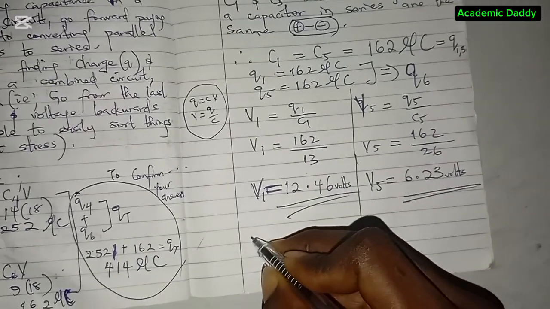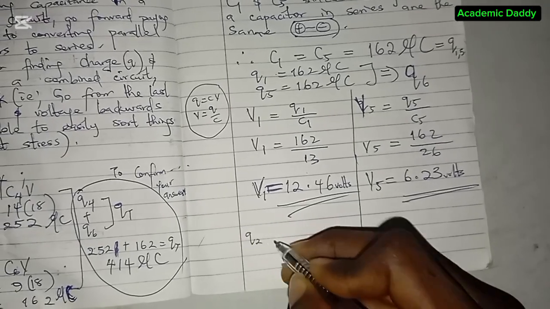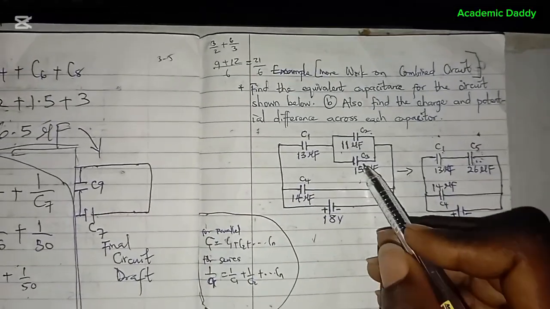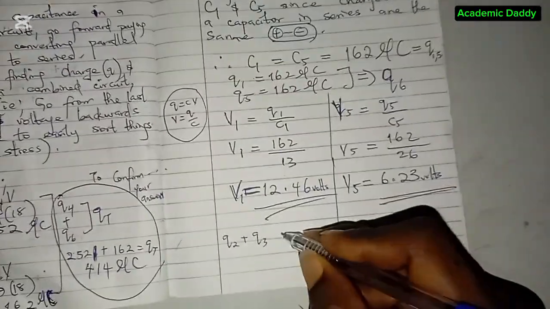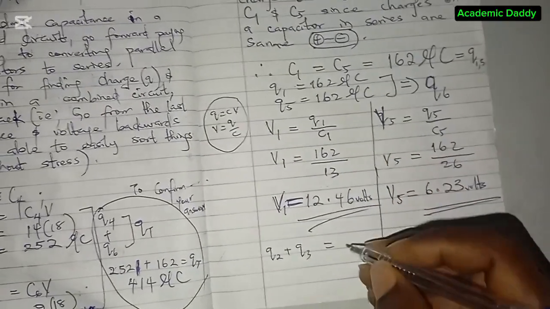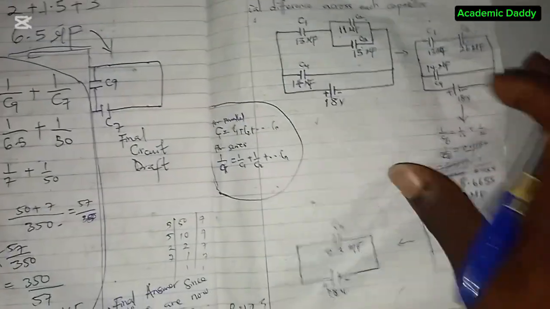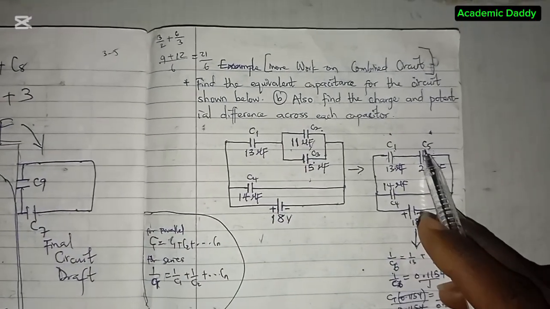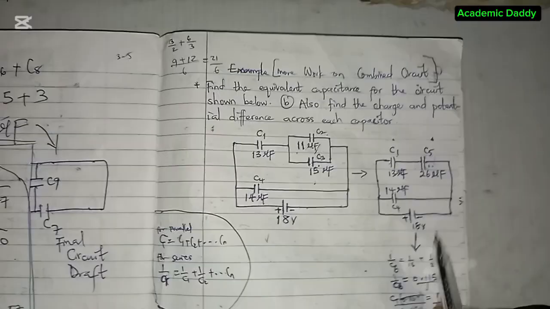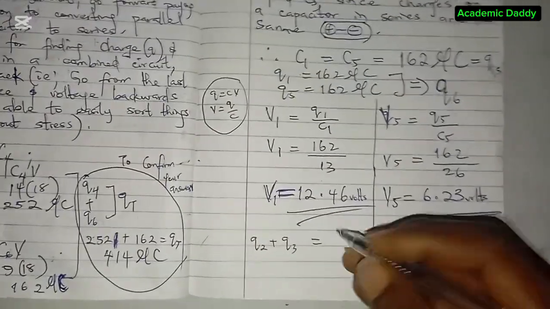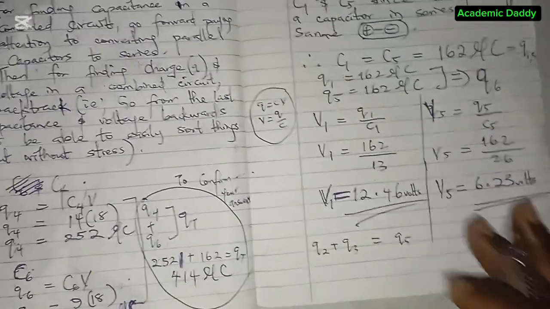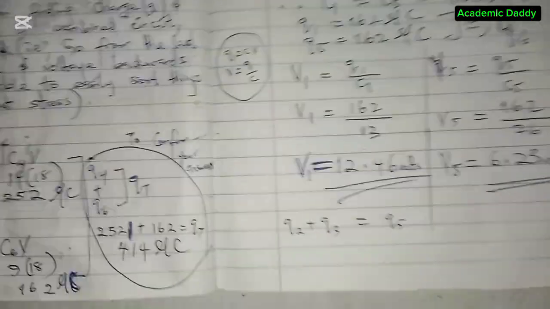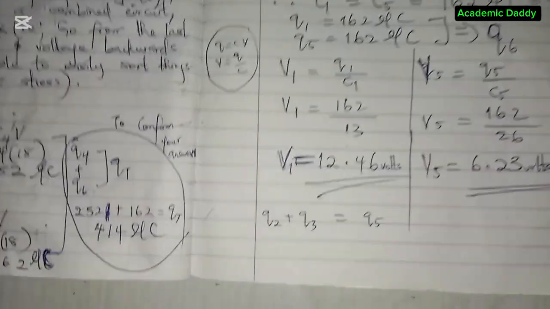So by the time I come here and say Q2 plus Q3, that is charge for capacitance 2 and charge for capacitance 3, the two of them should give me the total charge I have in C5. So it should give me Q5.